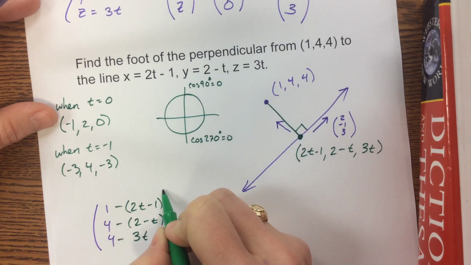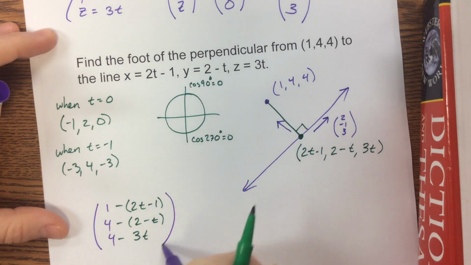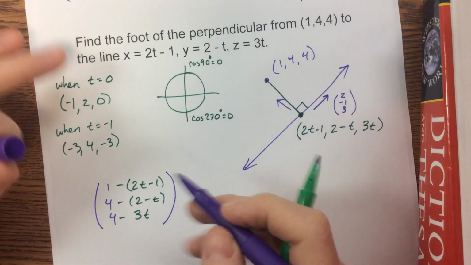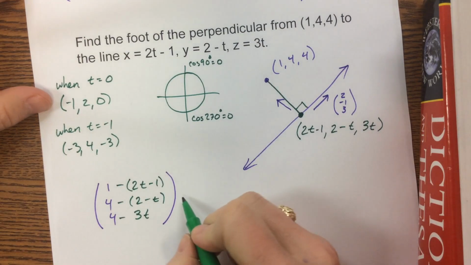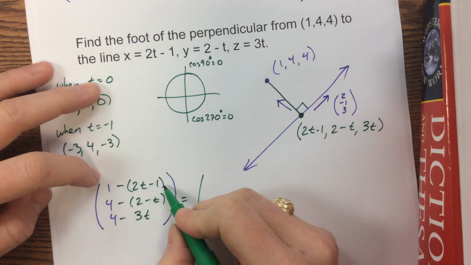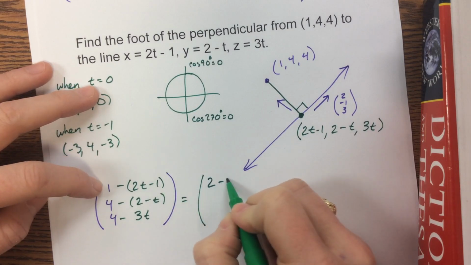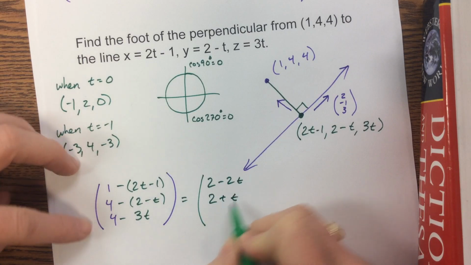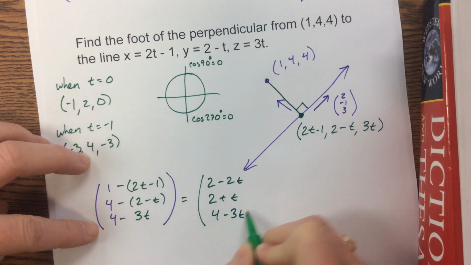I may have done the vector from the other direction in class, but it'll all work out the same. When I clean this up, this becomes 1 plus 1 is 2 minus 2t, this is 2 plus t, and this is 4 minus 3t. Write it however you want.